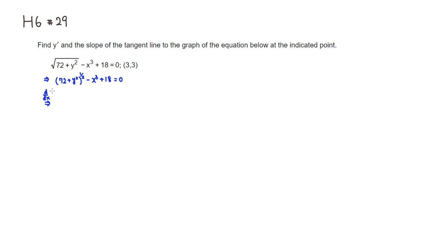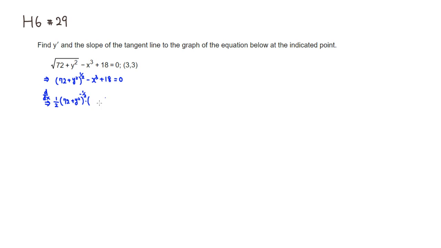I'm going to put 1/2 in front, using the general power rule. So you have 72 plus y squared, then we subtract 1 from the power, so it's going to be negative 1/2. Then you have to multiply by the derivative inside.